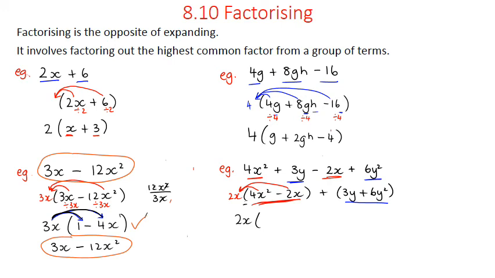Remember, you divide each of your terms now by 2x. So 4x squared divided by 2x: 4 divided by 2 is 2, x squared divided by x leaves us with just x, and negative 2x divided by 2x gives us negative 1.